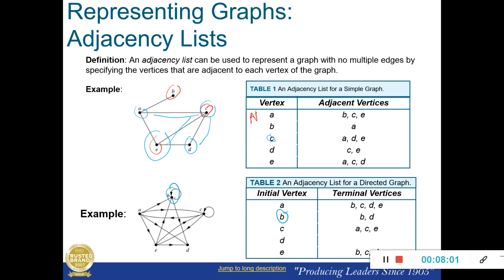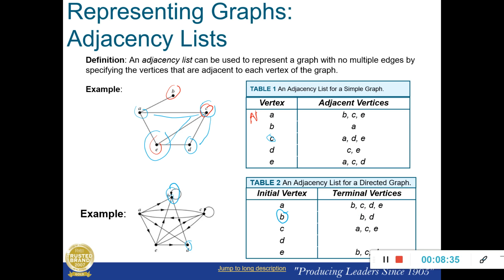Since B only terminates at B and D, the terminal vertices, or the adjacency list for B, is only B and D. It's not A or E because A terminates at B and E also terminates at B. So the adjacency list for a directed graph is different. It is based on which vertex it terminates at, the endpoint.